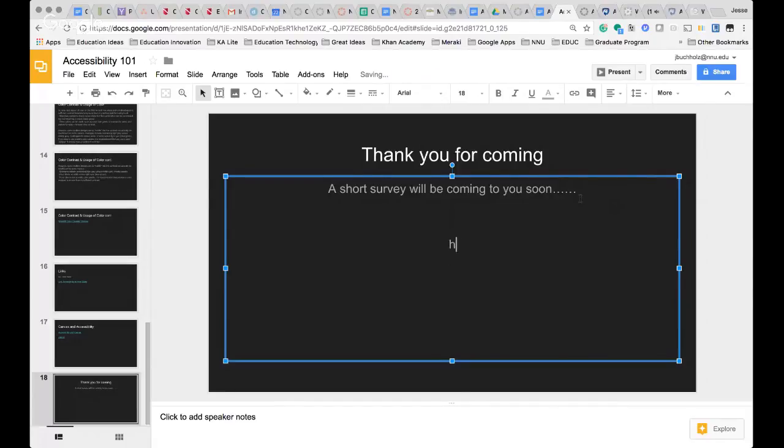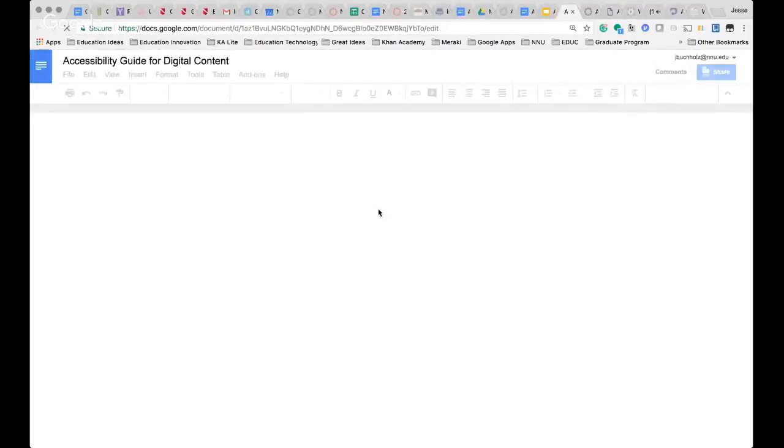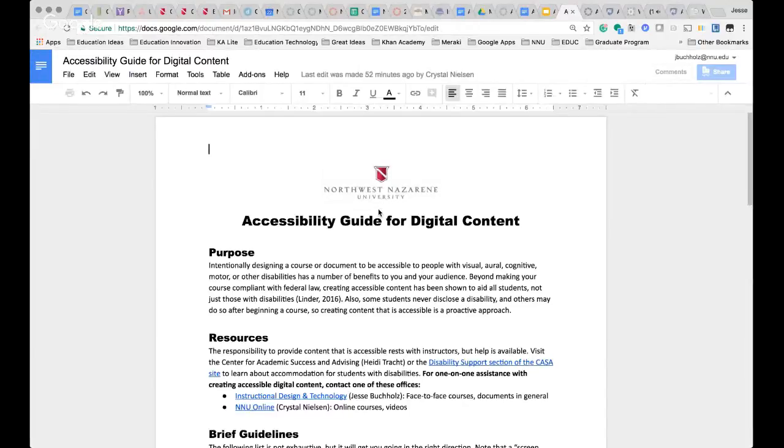And the URL is http://capital-NNU-accessibility-guide. Hyphen or dash? Dash, hyphen. It's kind of the same thing. Okay, cool. So see, look what I just did for you. I put it in the presentation. So there it is. And I tested it to make sure that it actually works. And it works. Yay.